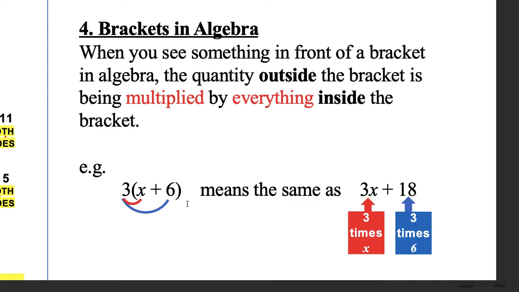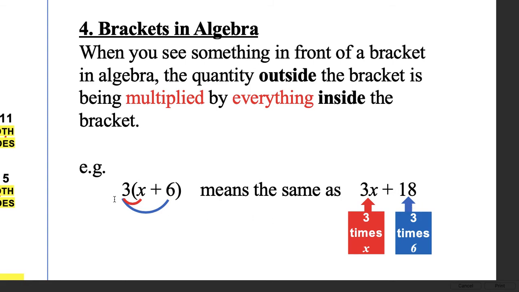So 3 brackets x plus 6 means that you've got to multiply the 3 that's outside the bracket by everything inside the bracket. So 3 times x is 3x, and 3 times 6 is 18. So 3 brackets x plus 6 means the same as 3x plus 18.